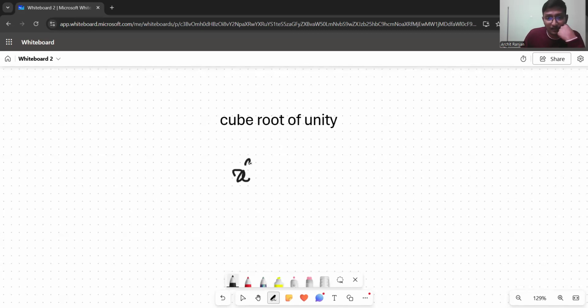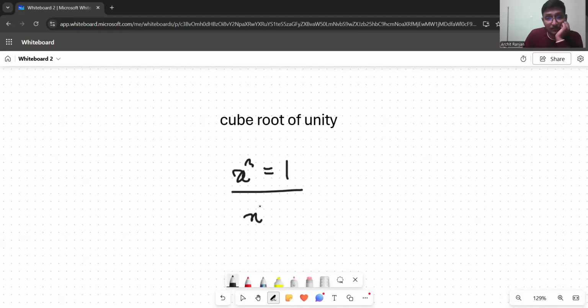So x cube is 1. So how will we find the cube roots? Now it is important to note that since x has a power 3, it will have 3 roots. The roots can be imaginary, real, that is fine. But it will have 3 roots for sure. So let's try to factorize this into simpler terms.